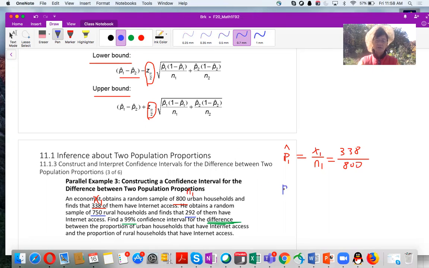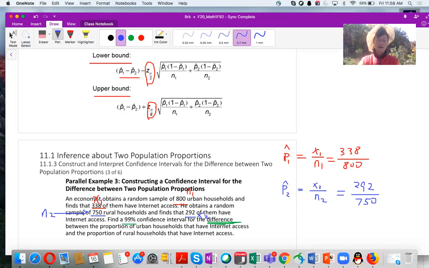Next, I will compute p2 hat, x2 over n2. 292 is x2, 750 is n2. So I calculated p1 hat and p2 hat.